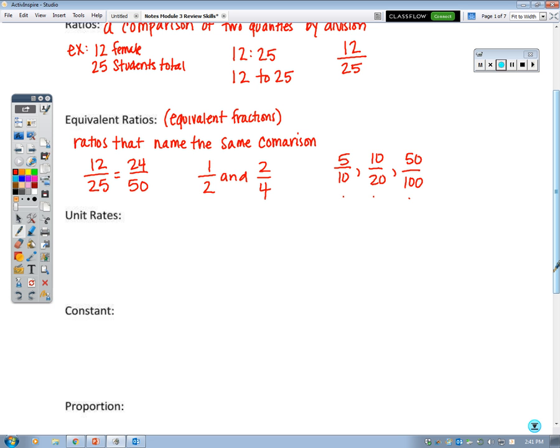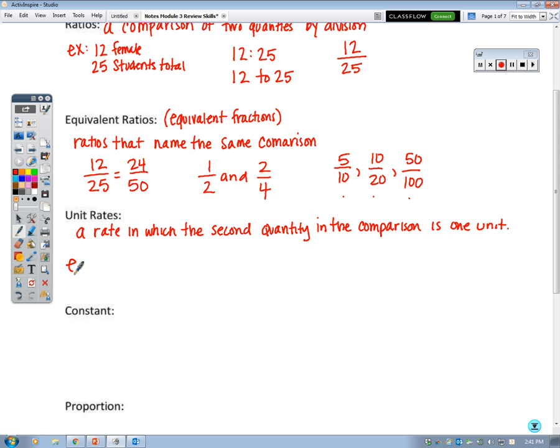Unit rates. Unit rates are a rate in which the second quantity in the comparison is 1 unit.